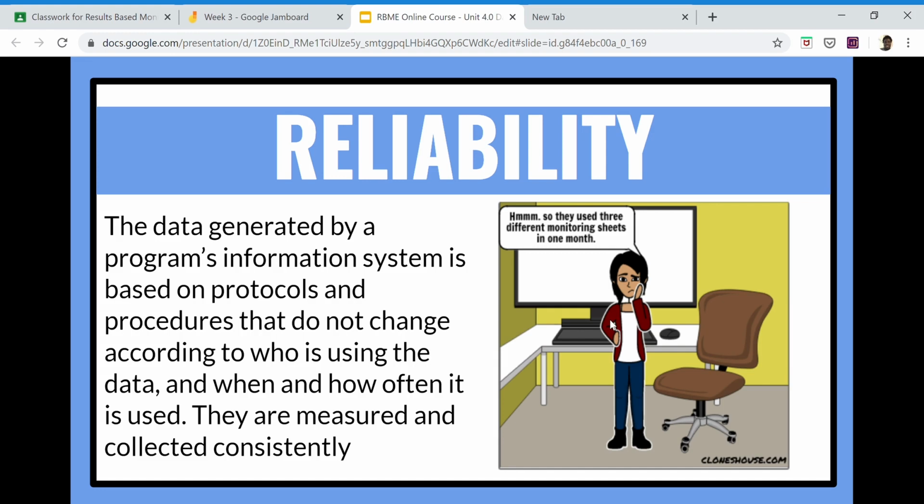So in essence, in reliability we mean that the protocol that you have used in collecting data must show consistency anytime one goes back to collect the same kind of data from the same program.